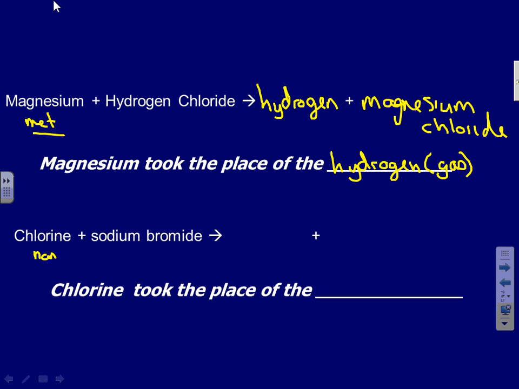Boss, what do you think? Sodium by itself? In this case, no. And that's because chlorine is the non-metal, so it's going to displace also the non-metal. So what do you want to put there? Yeah, bromide, and actually it turns into bromine, all right? And what's the new compound going to be formed?